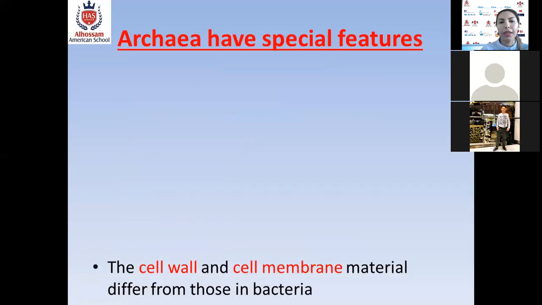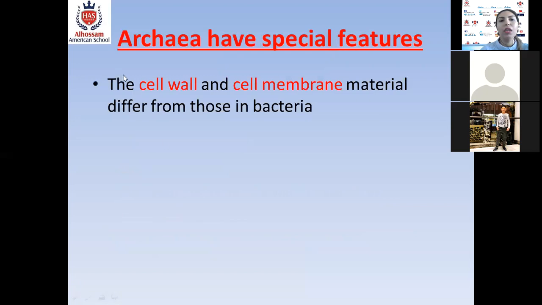And archaea have special features. So what are the special features for archaea not found in bacteria? Number 1, yes, both have a cell wall and cell membrane, but the material which forms the cell wall and cell membrane for archaea differs from the material which forms them in bacteria.